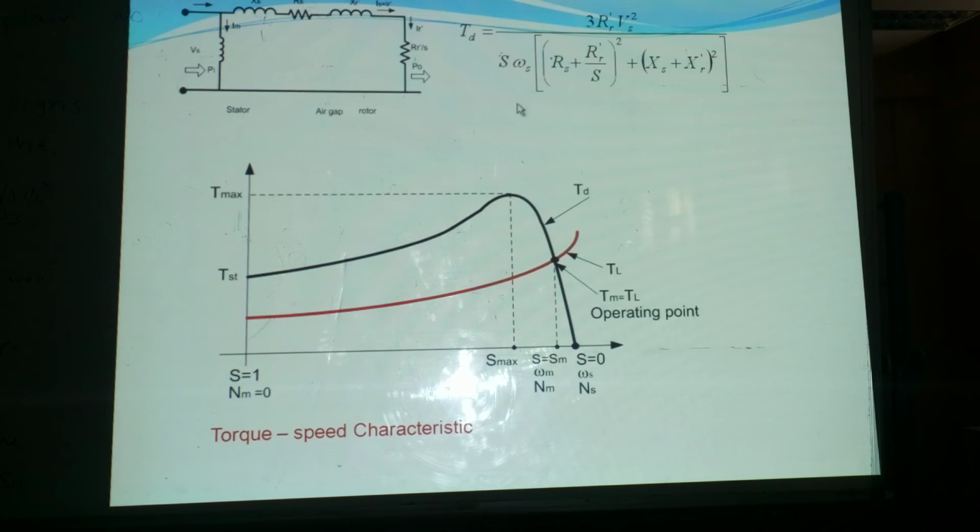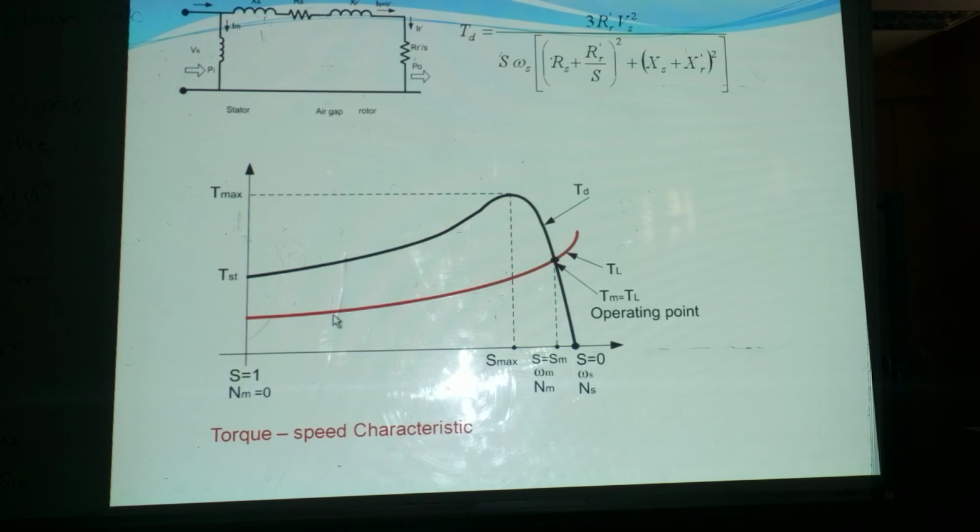Finally, we get torque developed equal to 3 times Rr dash Vs square divided by S omega S times, Rs plus Rr dash by S whole square plus Xs plus Xr dash whole square. Here S is the slip, omega S is synchronous speed, Rr dash is rotor resistance, and Vs is supply voltage.